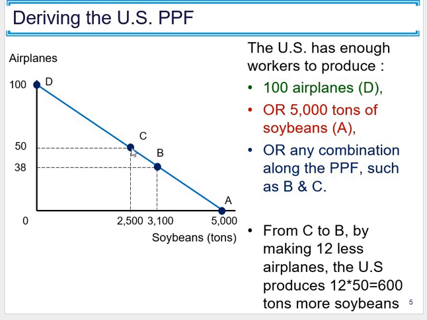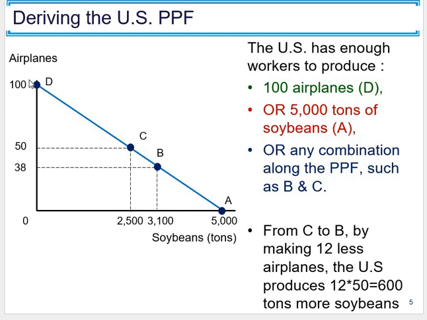While we're reducing the production of airplanes, we're also increasing the production of soybeans from 2,500 to 3,100 tons, as we calculated.